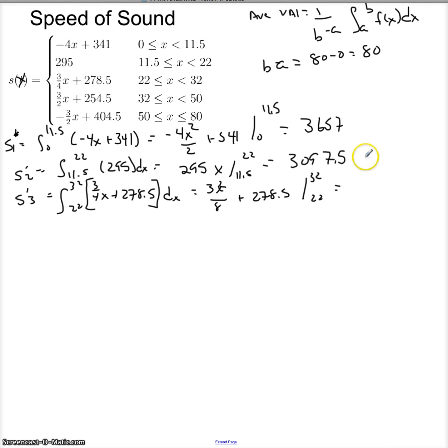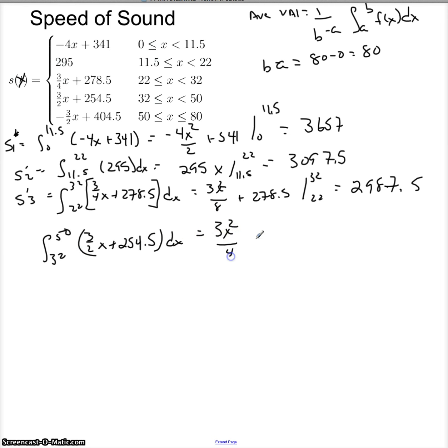And that gives me 2,987.5. And then the integral from 32 to 50 of 3 halves x plus 254.5 dx is 3x squared divided by 4 plus 254.5x evaluated at 32 and 50. Okay, some of these get tedious. 5,688.